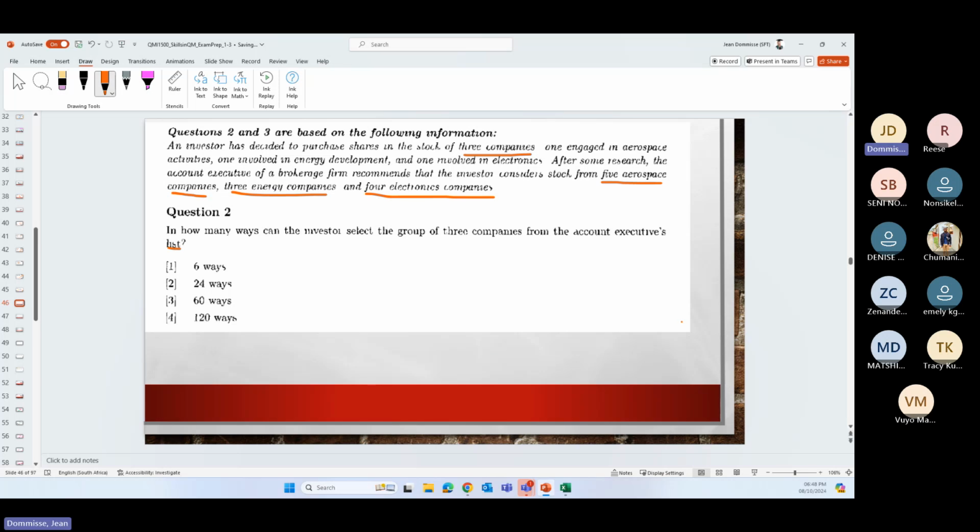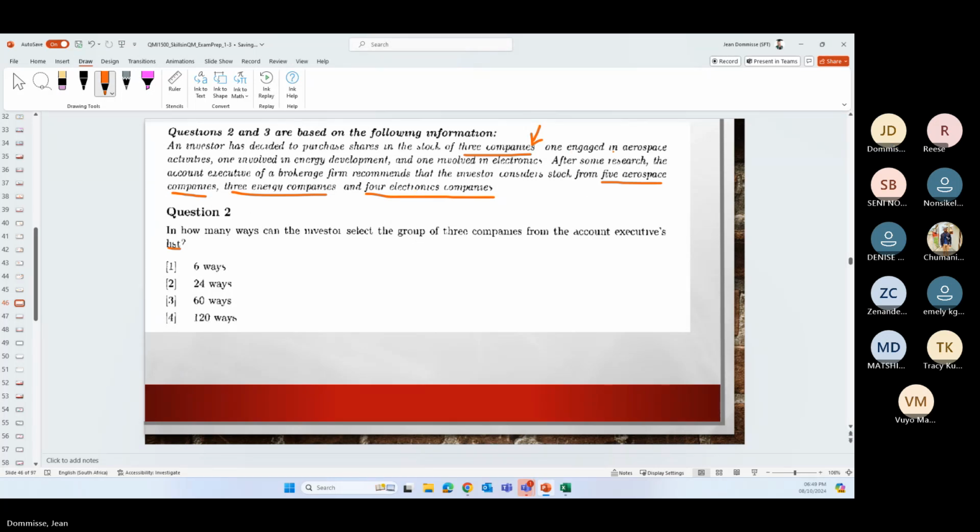Okay, so this is an interesting one, because you can have 3 companies, and after research the account executive recommends that the investor consider stock from 5, 3, and 4.